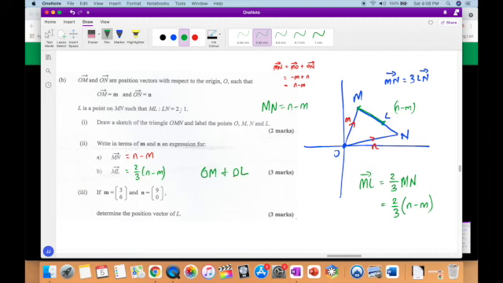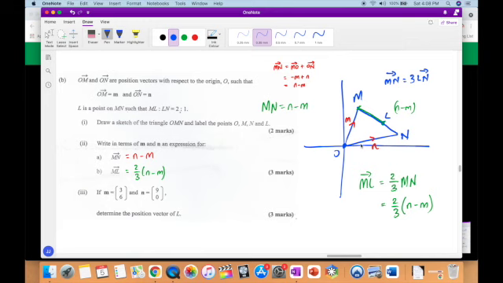This cannot be added, right? It has to be MO plus OL, so that these two could cancel to give you ML. You understand? And this is the exact same mistake that you made last class, right? Where it has to be in a certain way. Not only that, but we don't know OL. We never found what OL is.